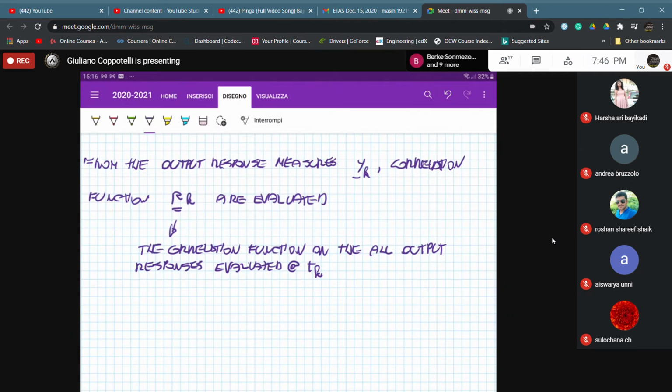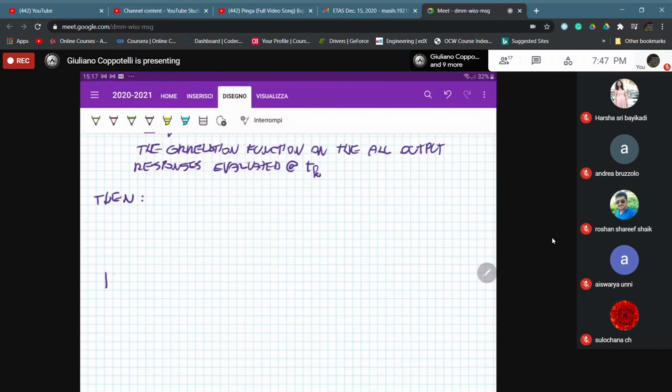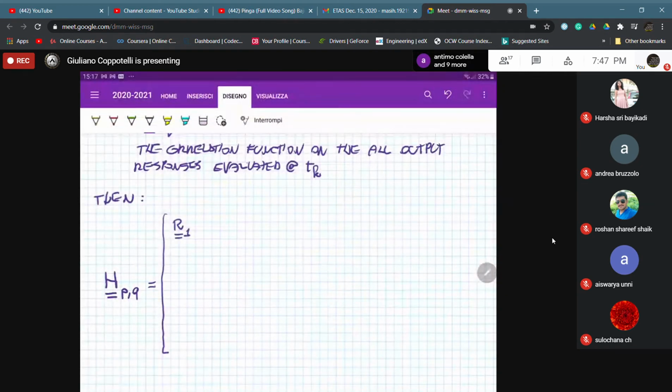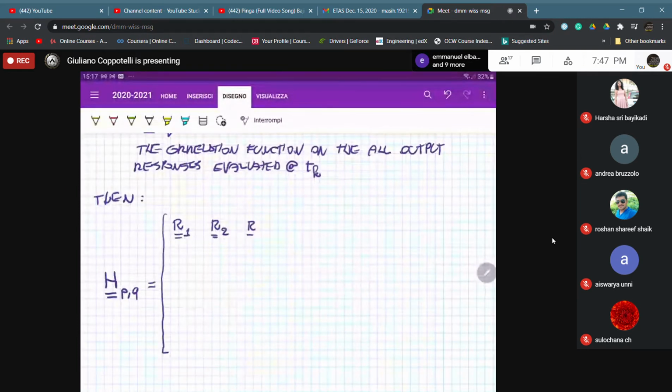With these correlation function matrices, we can build what is called the Hankel matrix of order P and Q. The Hankel matrix H of order P and Q is a Hankel matrix whose elements are the correlation function of time instant 1, correlation function time instant 2, correlation function time instant 3, up to the correlation function time instant q. Then correlation function time instant 2, and then up to the last one, correlation function time instant p.